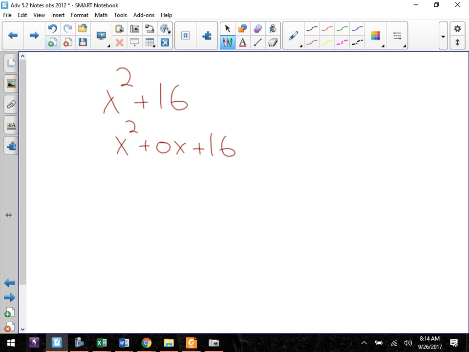So this is asking you what times what is positive 16, but adds together to get 0. Nothing. This is not a factor.